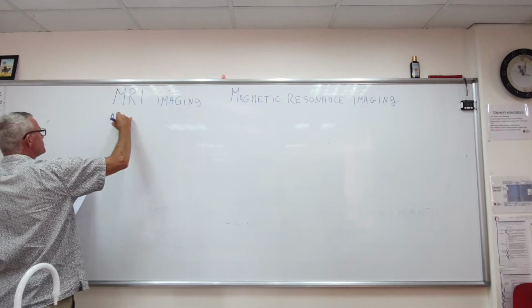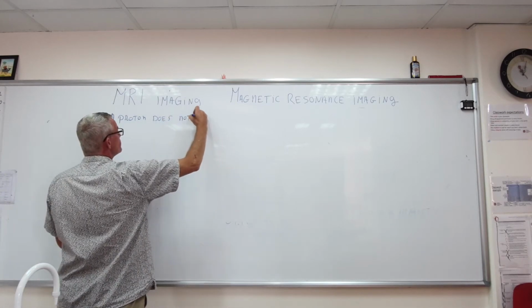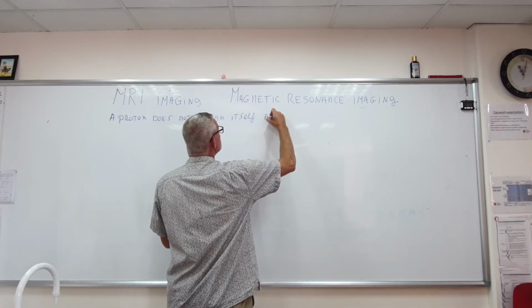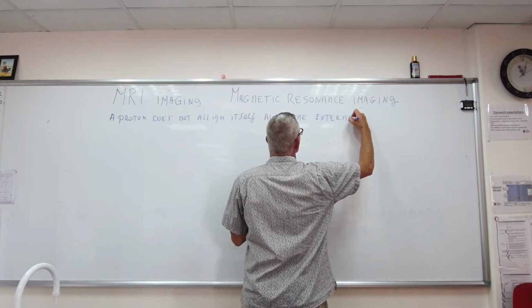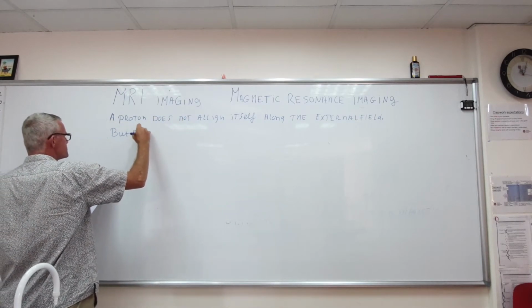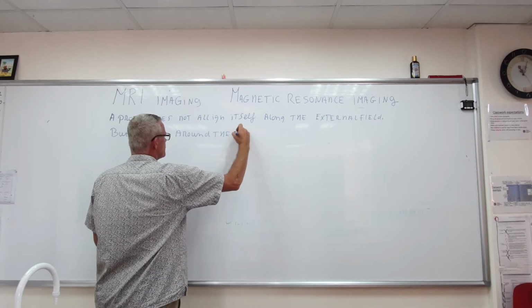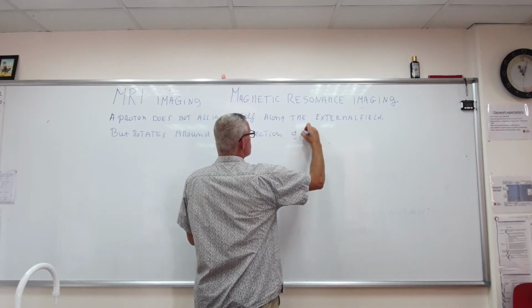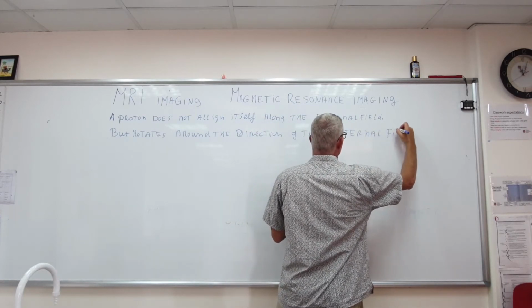So we say a proton is not aligned itself along the external field, but rotates around the direction of the external field.